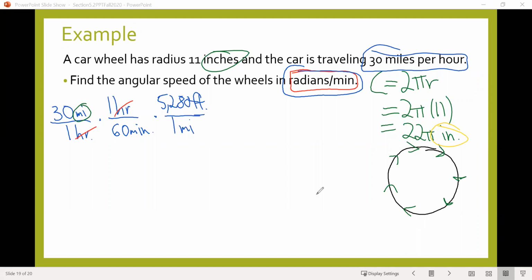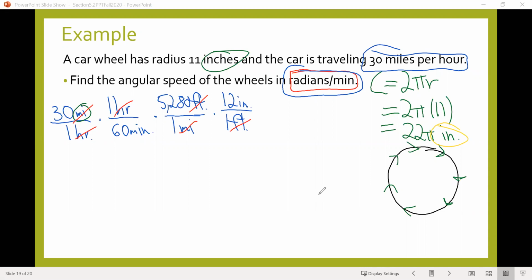And so notice, again, the miles are on the bottom, so they cancel with the miles up top. So now we're into feet. We can multiply that to get into inches. So we know 1 foot is 12 inches. So these will cancel, the feet here and here. So now we're in business.